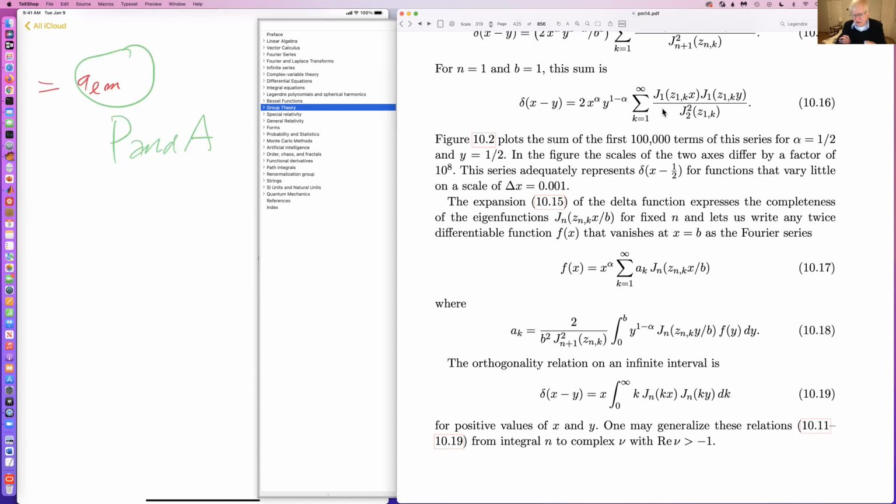That's how I know him, because I spent a year there. Anyway, he told me once that his father was in the British Navy, and his father told him that during the Second World War, the zeros of the Bessel functions were military secrets in the United Kingdom, which is kind of funny.